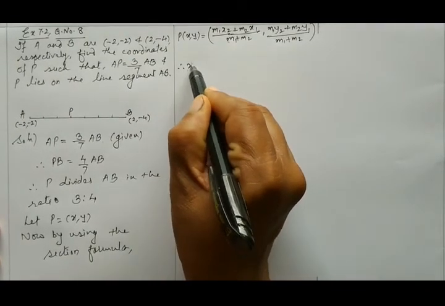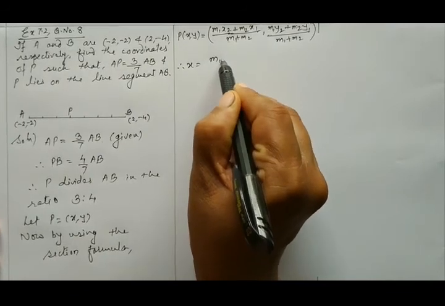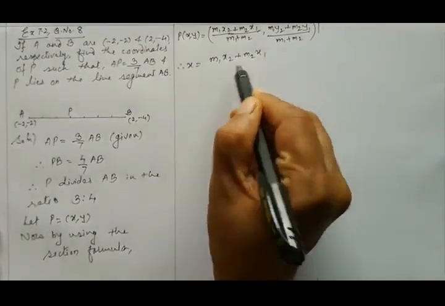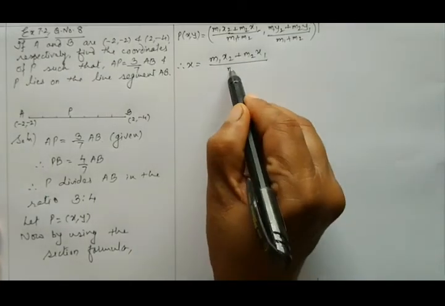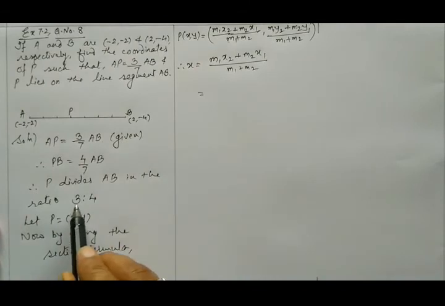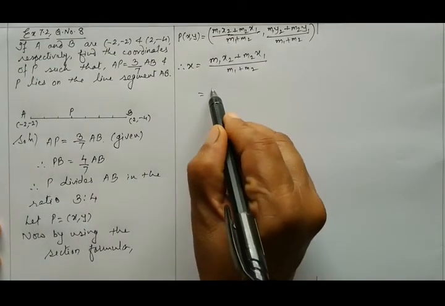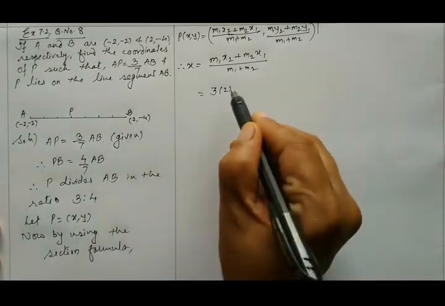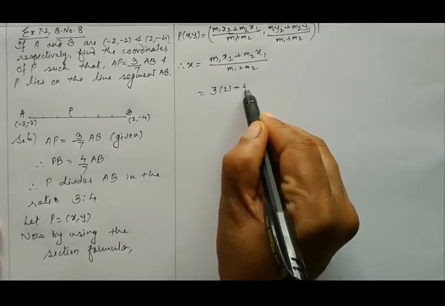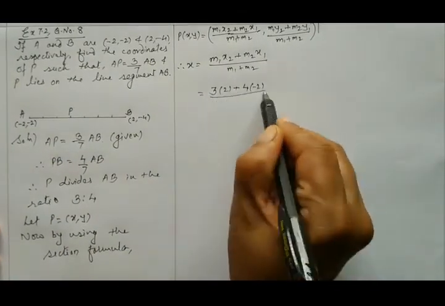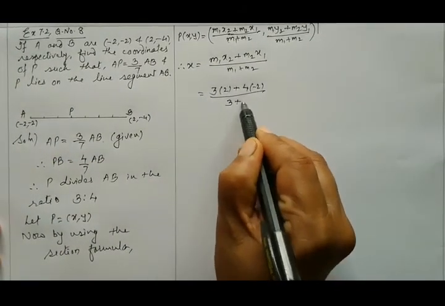So therefore x is equal to m1 x2 plus m2 x1 upon m1 plus m2. So m1 is 3 and m2 is 4. So 3 into 2, x2 is 2, plus m2 is 4 into x1 is minus 2, upon 3 plus 4.